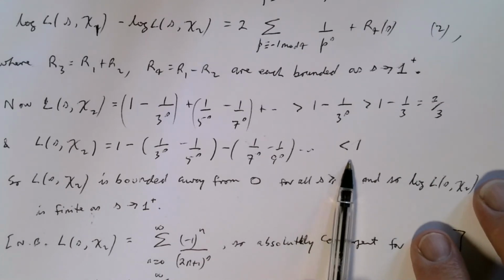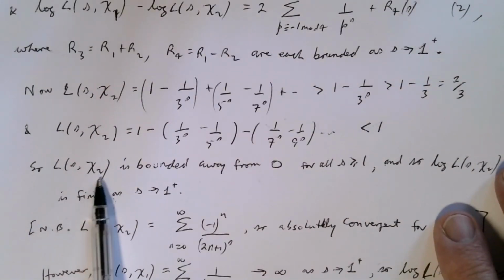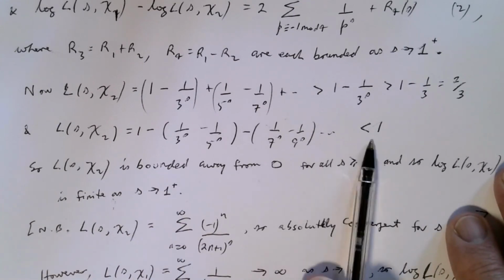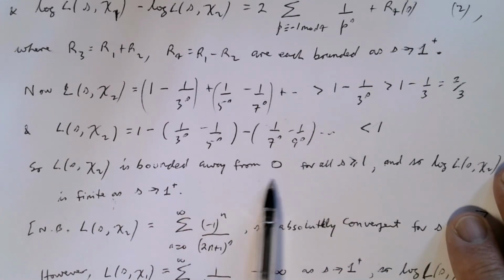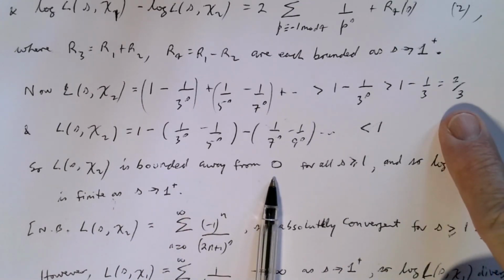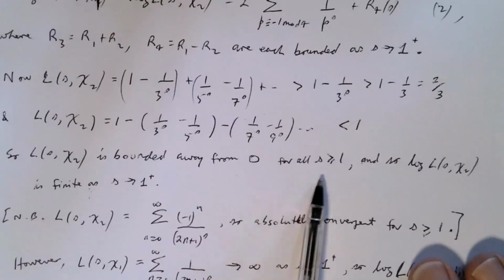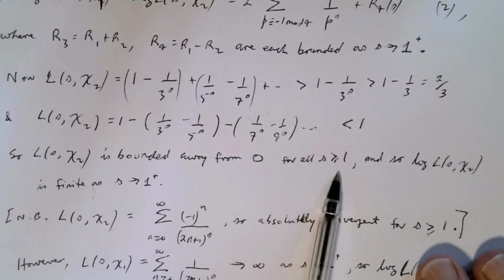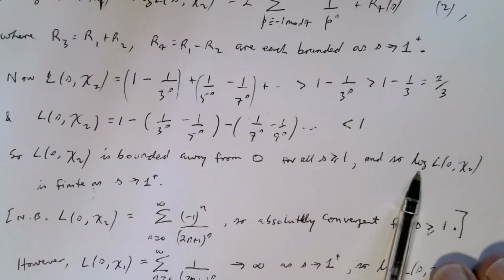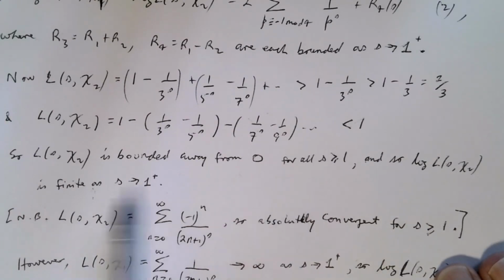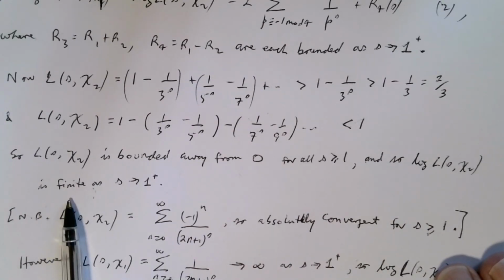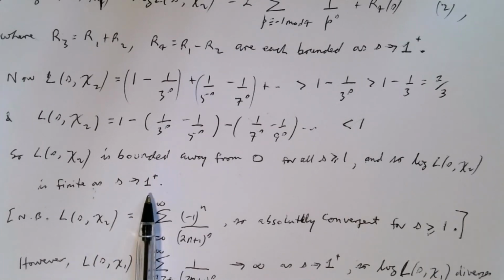So that tells me L(s, χ2) is bounded by this, and it's bounded away from 0 by this, and that's for all s bigger or equal to 1, and that means log of L(s, χ2) is finite. So the logarithm is finite as s goes to 1 from above.